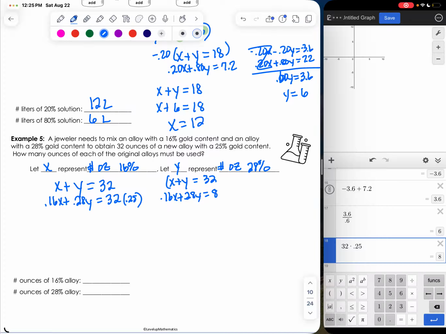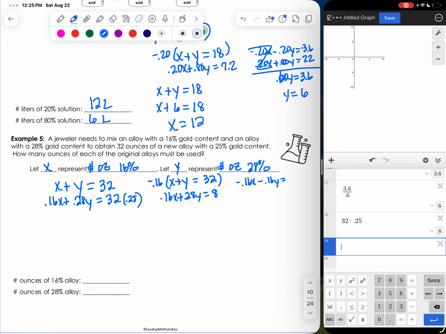So I'm going to multiply this top equation by negative 0.16. So that would give me negative 0.16x minus 0.16y equals 32 times 0.16, negative 5.12.